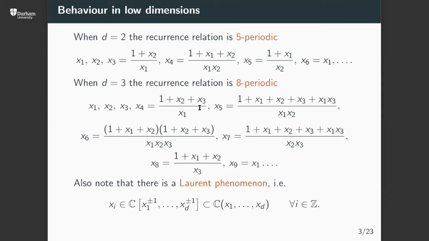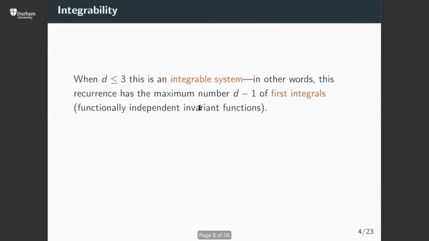And so I don't really know much about integrable systems, but apparently, when d is less than or equal to 3, iterating this map is an example of an integrable system, because this recurrence relation has the maximum allowed number of invariant functions.